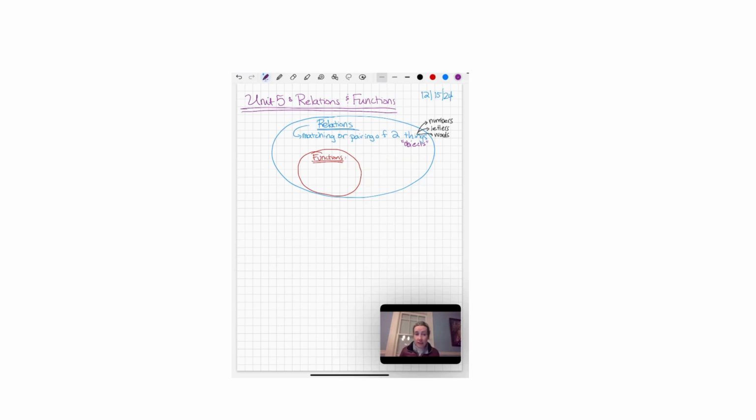Now, functions are a super specific type of matching and pairing. And so that's how I'm going to start its definition. I'm going to say it's a special type of pairing.